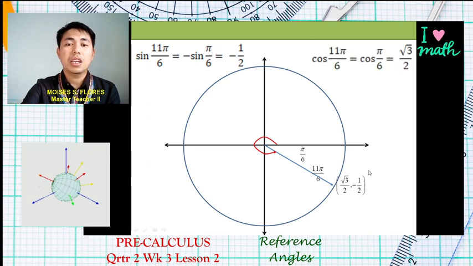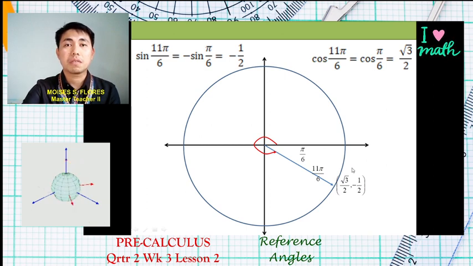On the other hand, cosine 11 pi over 6 is cosine pi over 6 with respect to its reference angle, and the value of cosine is simply its x coordinate, square root of 3 over 2. So there you have it, guys. That's how we determine the reference angle given in radian measure.